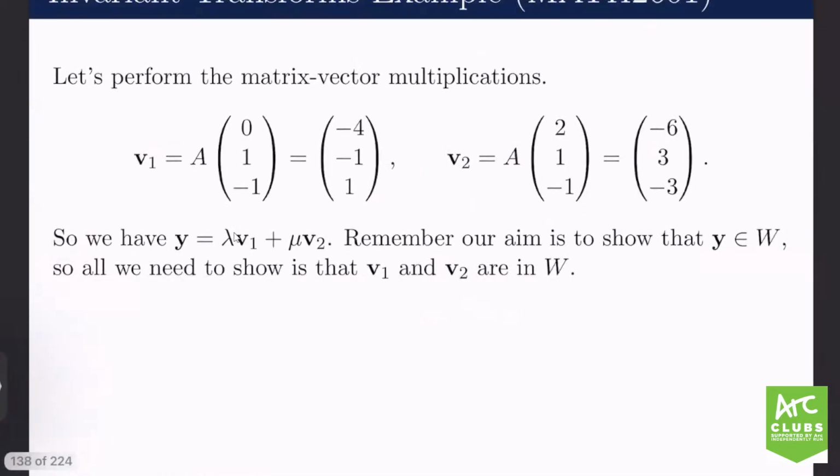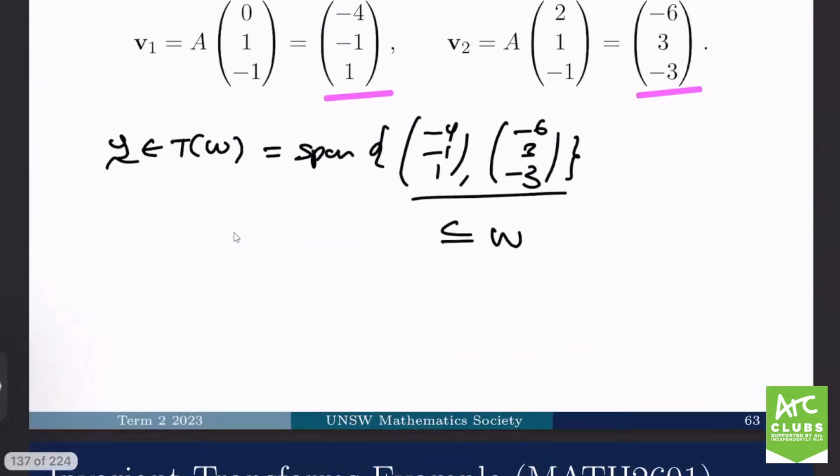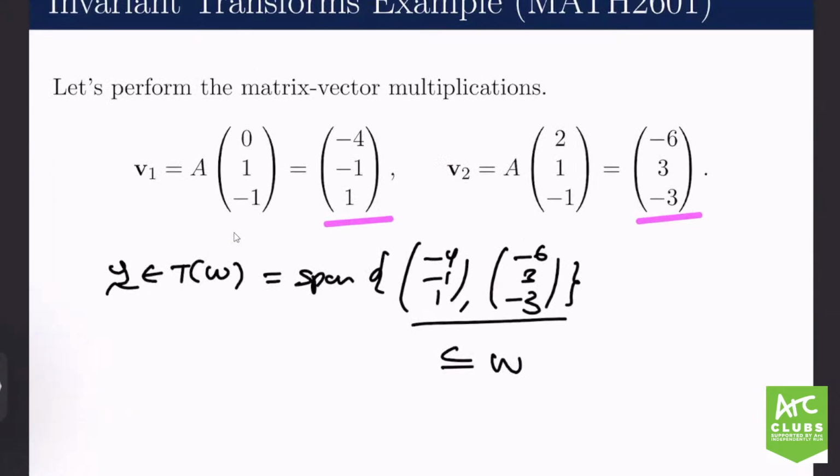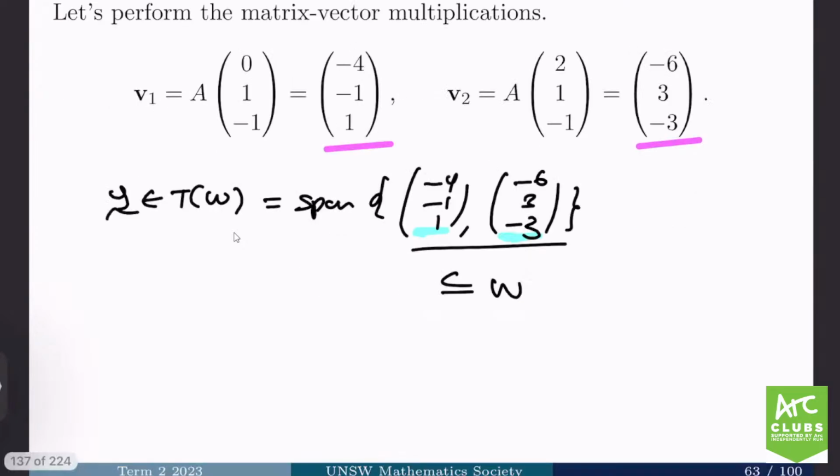In order to do that, what we kind of have to do is just show that these two vectors themselves are in W. Because if they're both in W, then their span must also be part of W, because W is a closed subspace, okay?